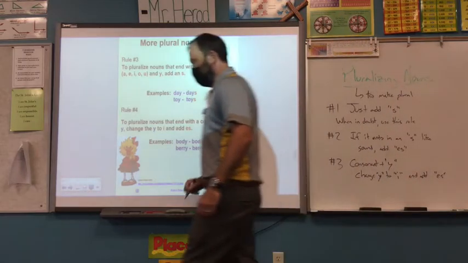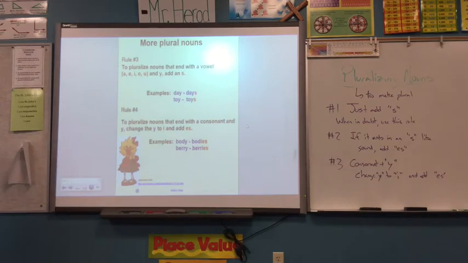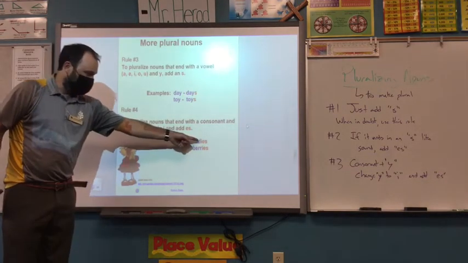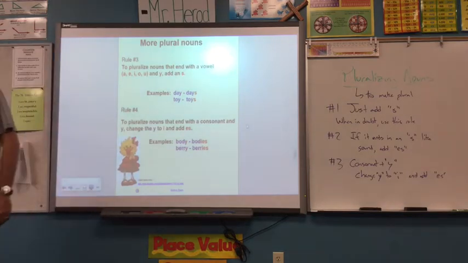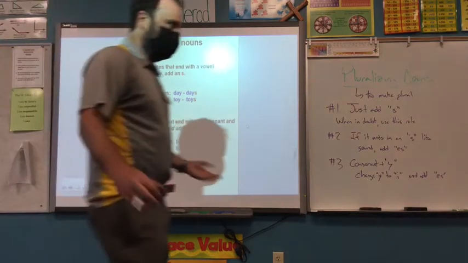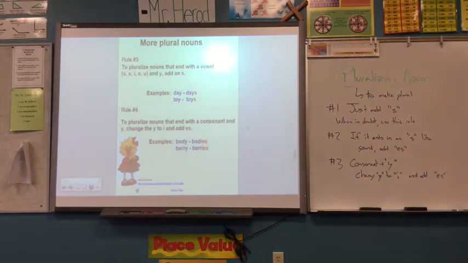And you see our examples there, body and berry. They both end with a consonant and then a Y, and we've changed the Y to I and add ES. That's rule 3, if you will, even though she had added a rule we don't need to worry about.